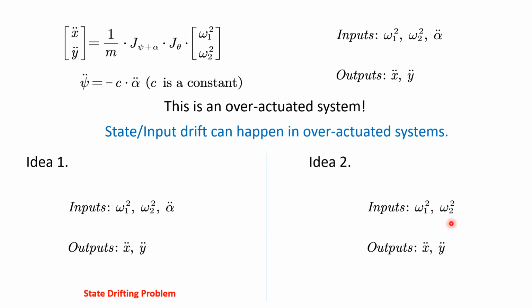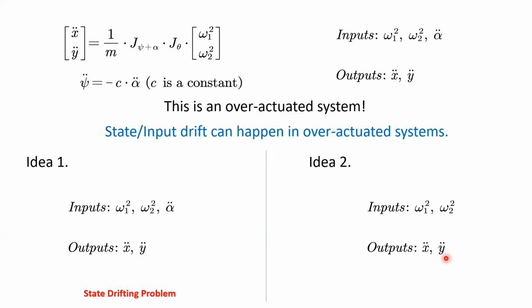We have 2 inputs only. They are omega 1 and omega 2. The outputs are x and y. Since the number of inputs is equal to the number of outputs, it is not an over-actuated system. So there will be no state shifting problem in idea 2.